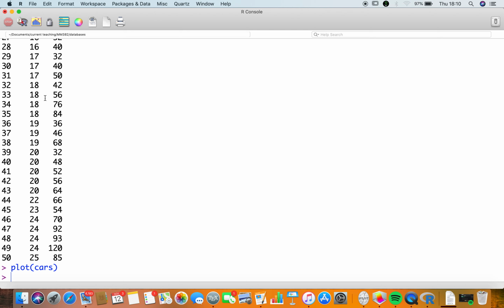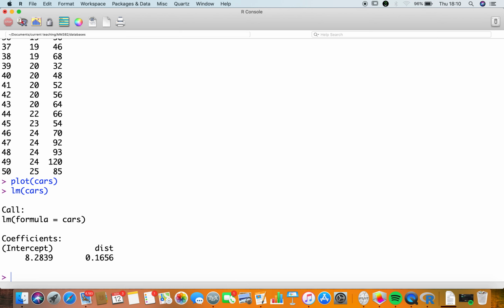All right, so we've got two columns of numbers. We plotted them, and we've convinced ourselves that a linear relationship is appropriate here. What is that linear relationship? What are the A and B numbers? So let's look at LM of cars. Because I've got two columns here, I can do this.